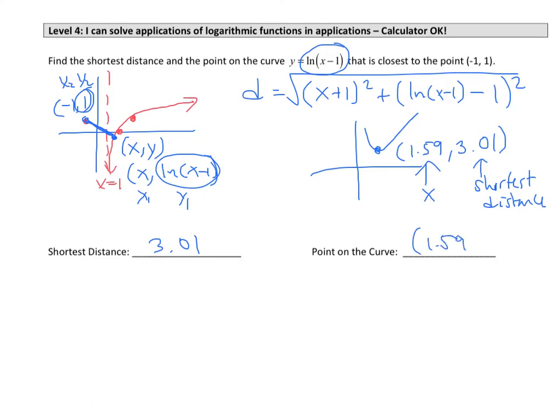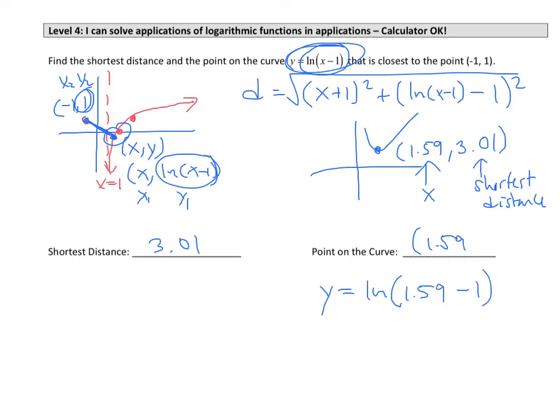But to find the y value of the point on the graph, we need to plug that x value into the function natural log of x minus 1. So the y value of the point is going to be natural log of 1.59 minus 1.